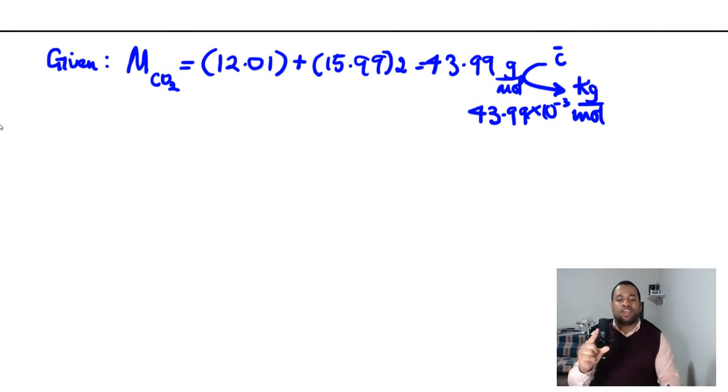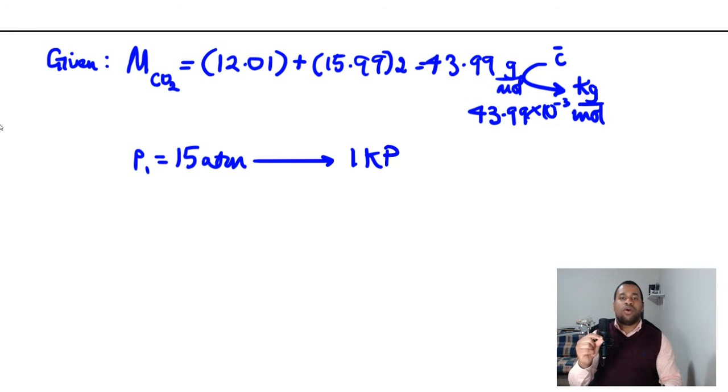Now the next one here, based on the question, is the pressure, and the pressure here is given to be 15 atmospheres. Now we need to convert this to our specific kilopascal. So what is kilopascal when the atmosphere is 15?